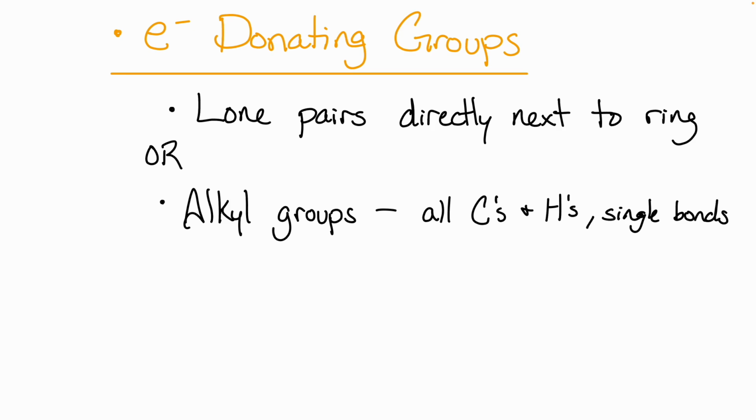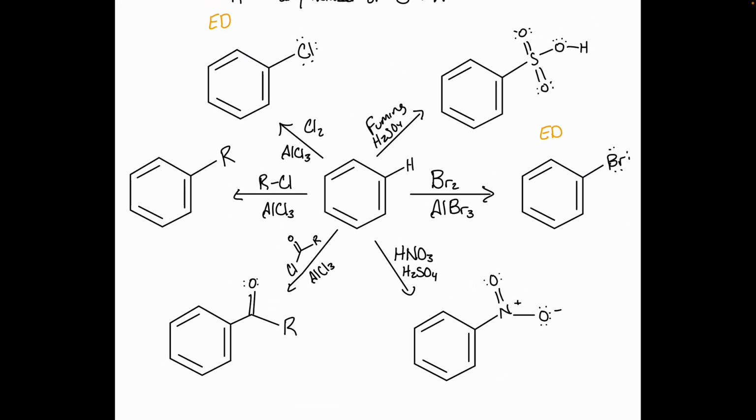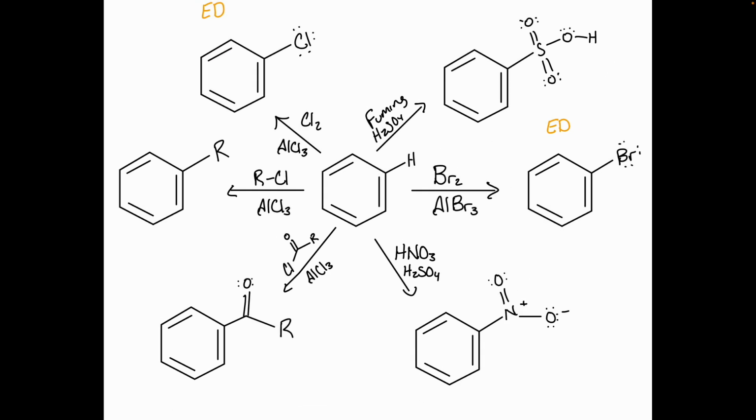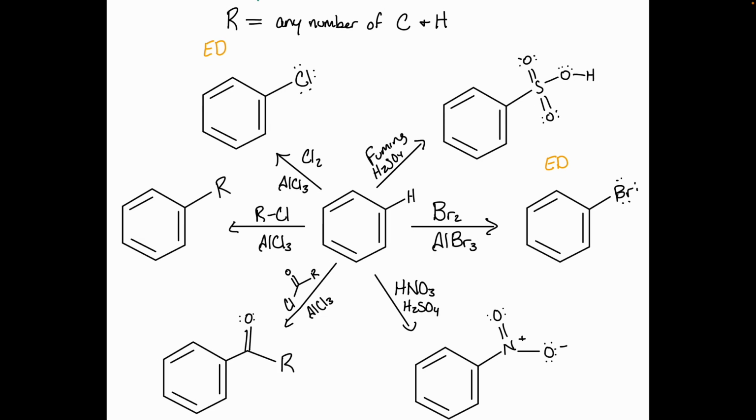Okay, so going back here, there's going to be one more. Which one can we do? Our alkyl group is going to be these R groups here. Remember, we use that as our variable for any number of carbons and hydrogens. So these Friedel-Crafts alkylation reactions will also create electron donating groups on that ring.